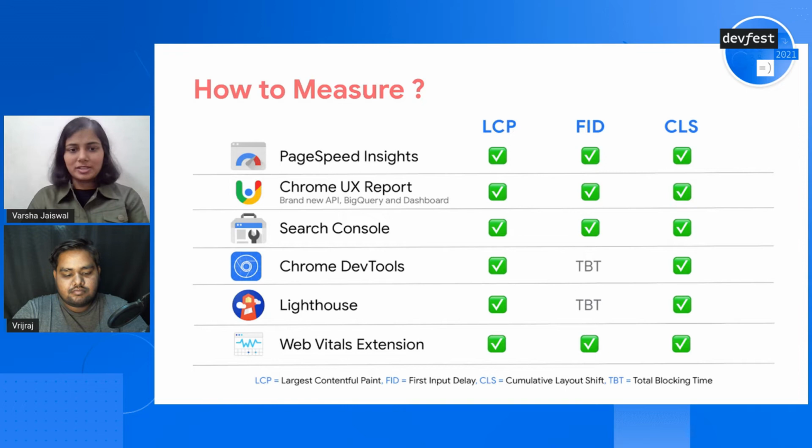in your web application. Be it PageSpeed Insights, Search Console, Lighthouse, or Web Vitals extensions, they all will help you with your website report, and they'll generate a report on how you can improve it, and what your score is for LCP, FID, or CLS.